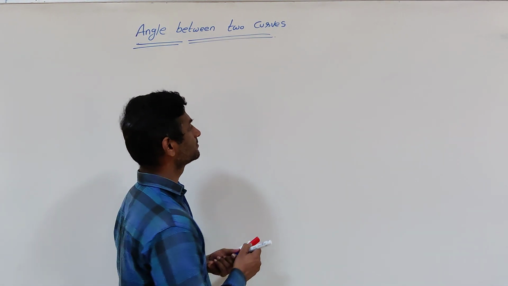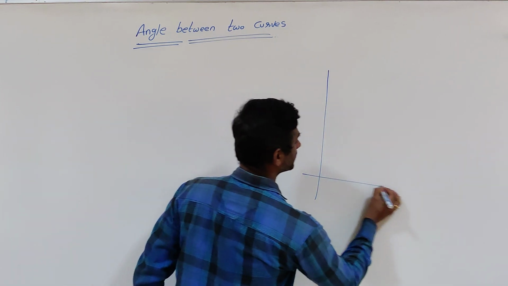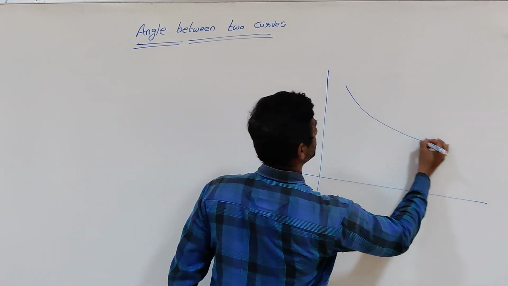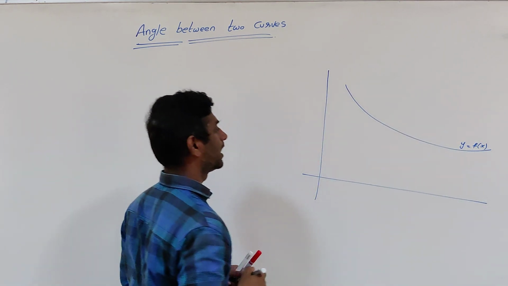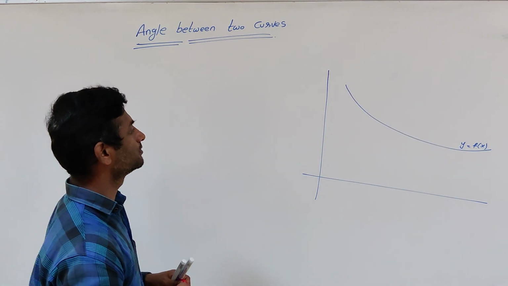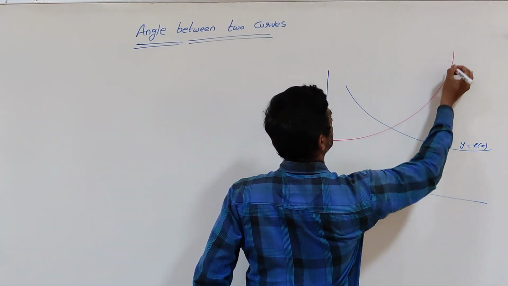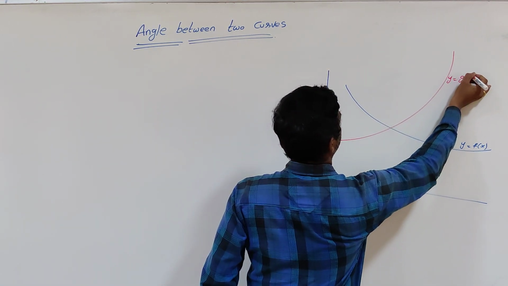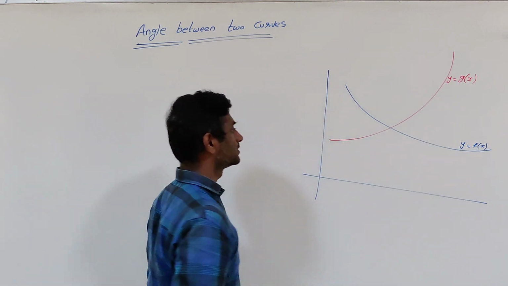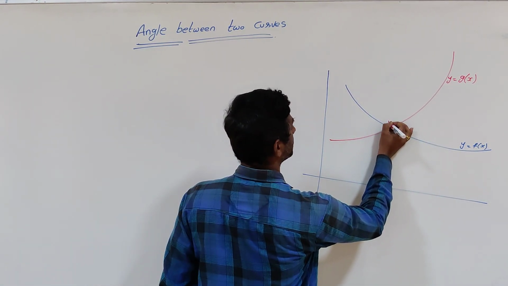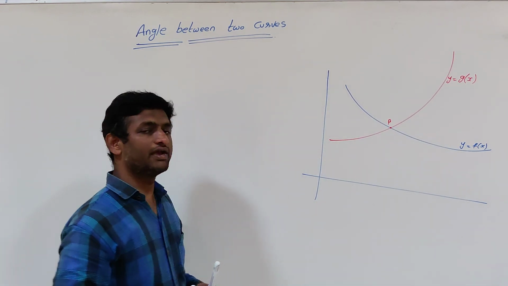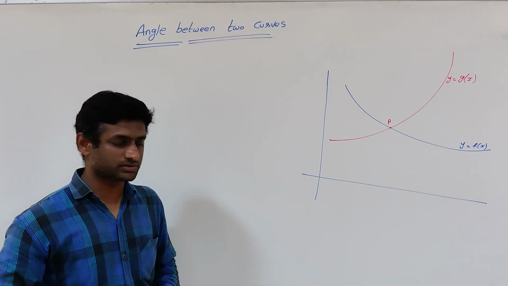So we will see the figure. Assume there are two curves. This is a curve y is equal to f of x, and there is one more curve, y is equal to g of x. As they are intersecting at point P, assume that this is P. For every curve we can have a tangent.